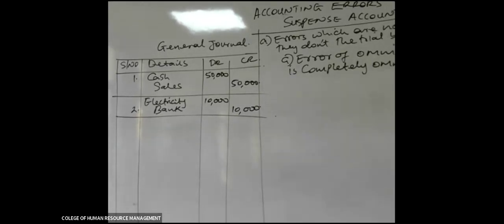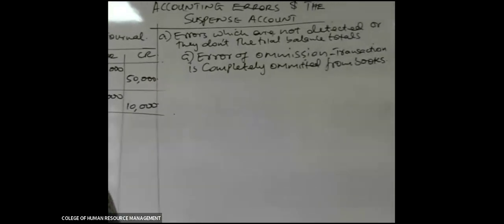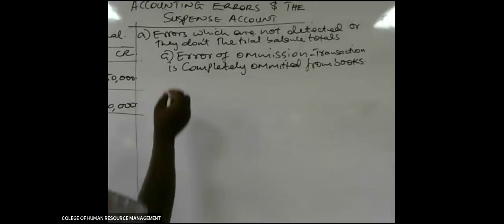We go to the second error. The second type of error, which is not going to be detected in the trial balance, is the error of commission.